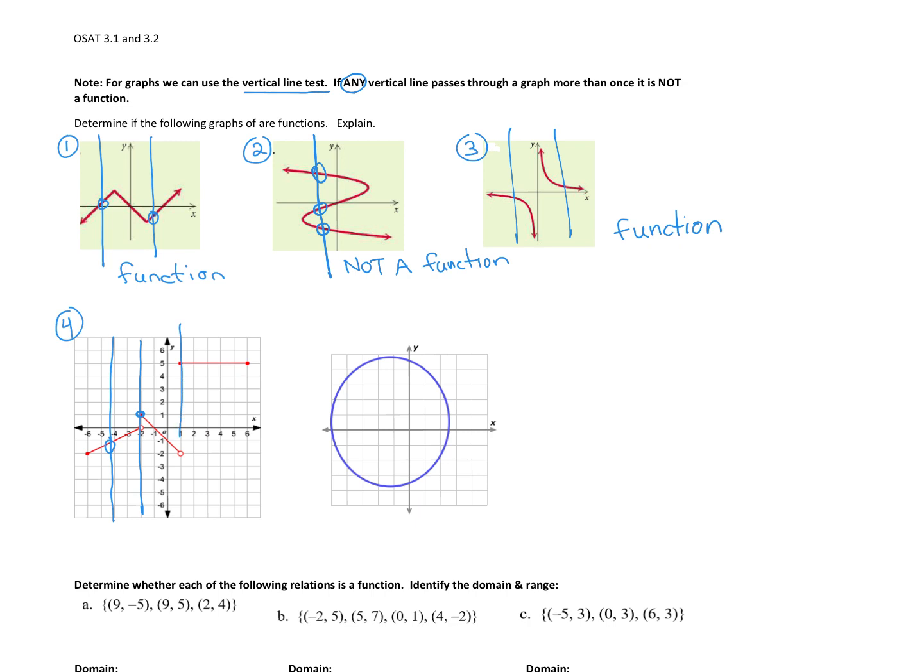And similarly here, this vertical line is only crossing at 1, 5 because at the other point it's an open circle. So this actually is a function. And our last example, you can see fairly easily that if you draw a vertical line, you're able to cross twice, so this is not a function.